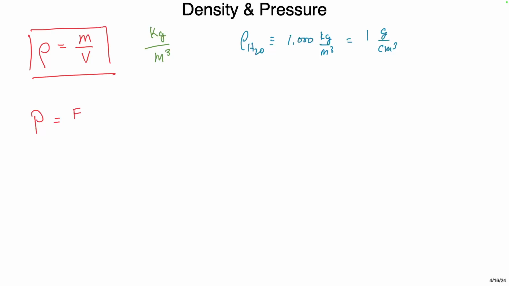Pressure is an amount of force that is concentrated or spread out over an area. So pressure is affected by the amount of a push or a pull on an object, but we need to also take into consideration how focused that force is on an amount of area. If I take a force and I spread it out over the entire surface of the board, that's not very much pressure.